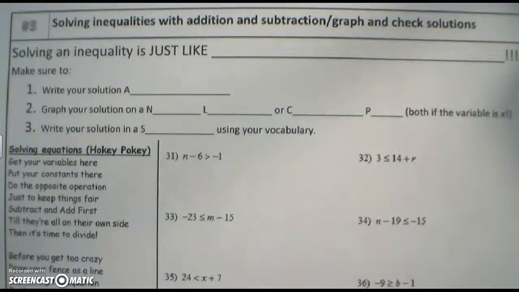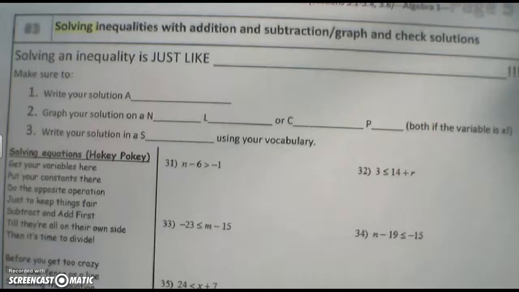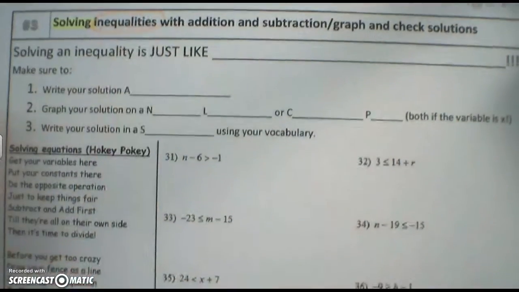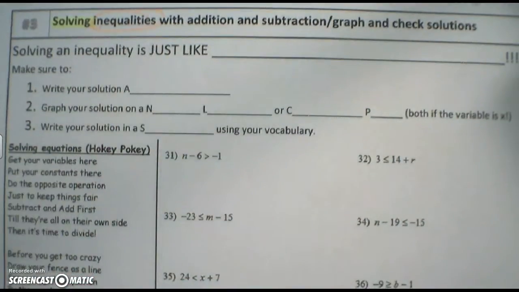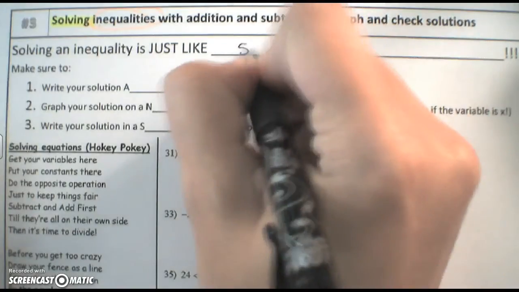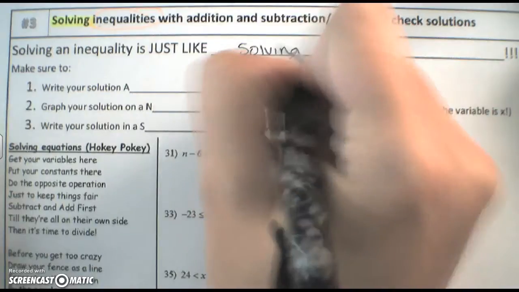All right, concept 3 is all about solving inequalities. So we're going to get things like n or x not equal to, but something like less than or greater than or less than or equal to or greater than or equal to. But solving an inequality is just like solving an equation.